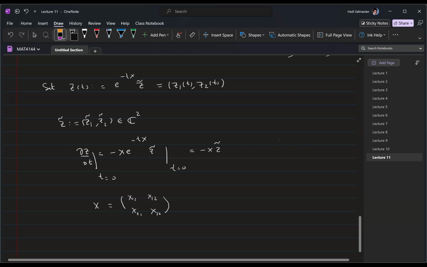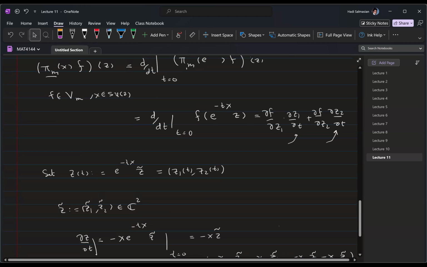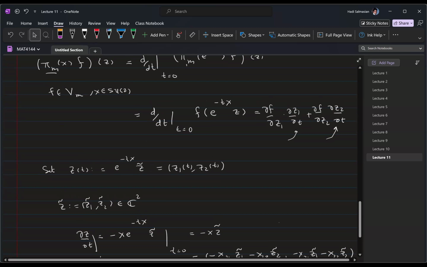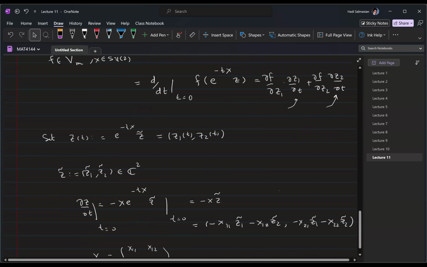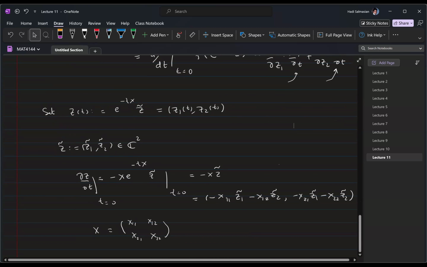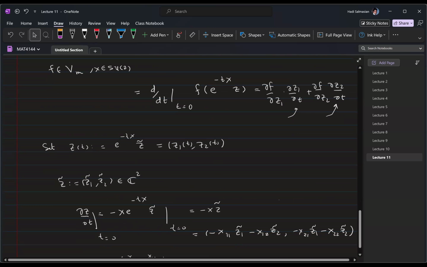Maybe I'll just write in the next line. It's like this: minus x11 z1 tilde minus x12 z2 tilde, minus x21 z1 tilde minus x22 z2 tilde. Okay, so now coming back to here, now I can make substitutions for these derivatives. So these inner derivatives are supposed to be done at t equals 0.